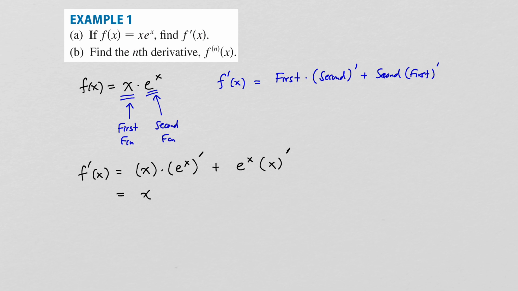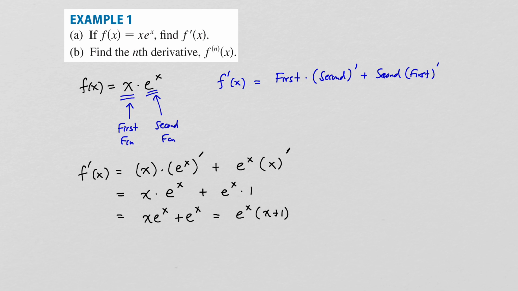And so this is going to be x multiplied by the derivative of e to the x, which is e to the x, plus e to the x multiplied by the derivative of x, which is 1. And this is x e to the x plus e to the x. And if you factor out e to the x, you get e to the x times x plus 1. And this is our first derivative.